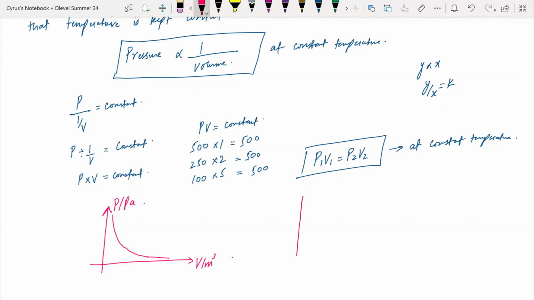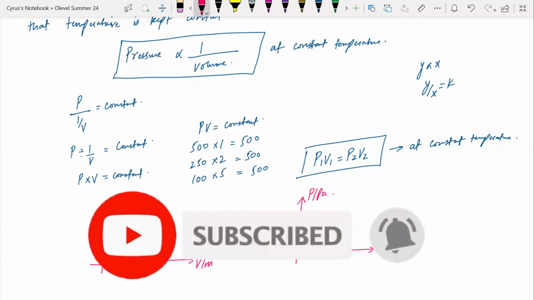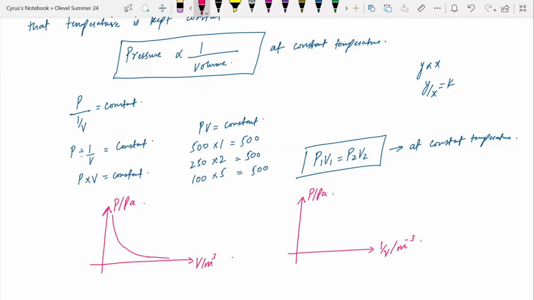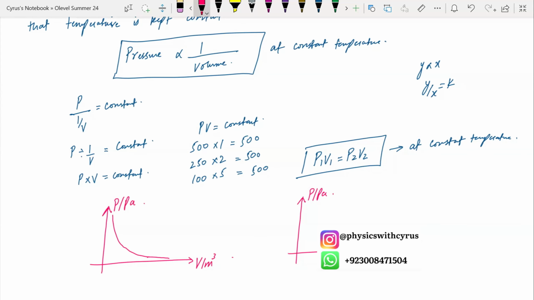And if you want to draw the graph of pressure and 1 over V, तो ये कैसा बनेगा? जी, it's a straight line. Okay, it's going to be a straight line.